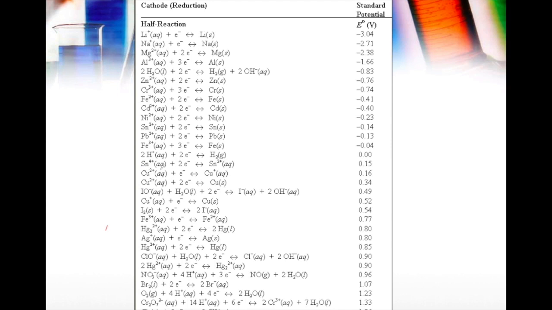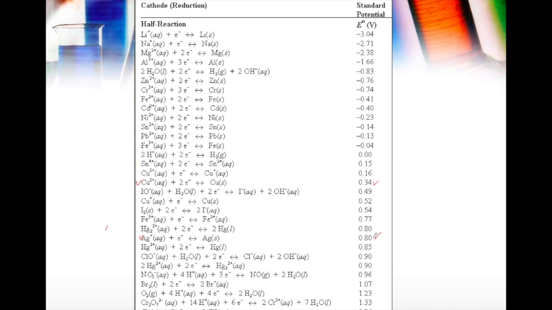Meaning, let's look at copper. There you go, this is copper, and where's silver? Silver is here, so silver is located much lower. Silver has a more positive value, 0.8. It's a lot more positive than copper's value, which is 0.34.